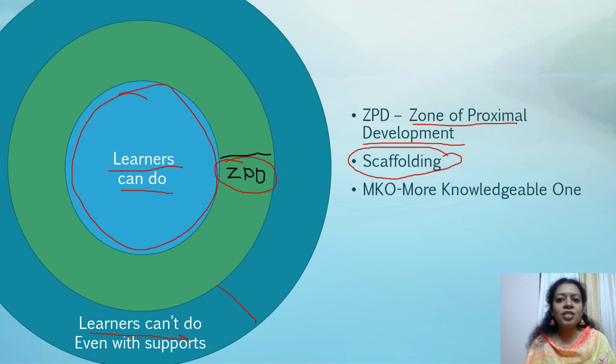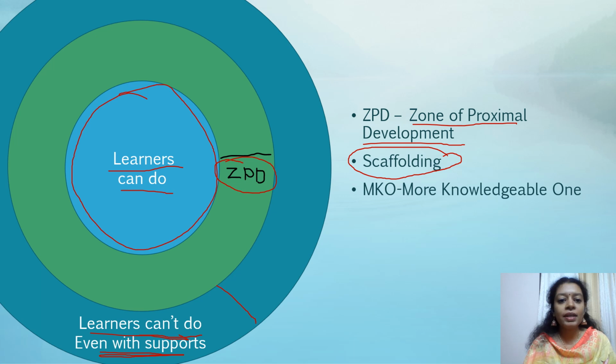The child might struggle to read the words properly and become frustrated. Even with some help, the task is too difficult for the child at this stage. So they can't complete the task, right? There are some things the learners can't do even with support. I think it's clear.